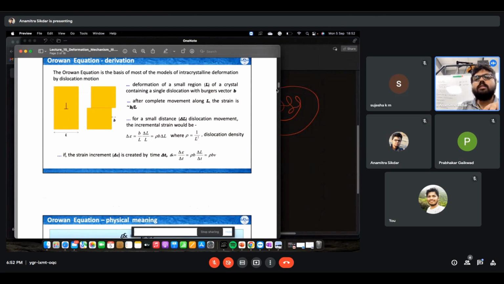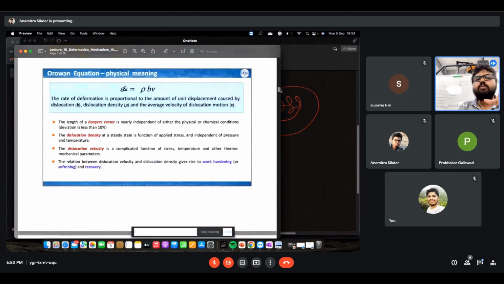So this is Orowan's equation, for the strain rate, epsilon dot, which defines how dislocations should move.